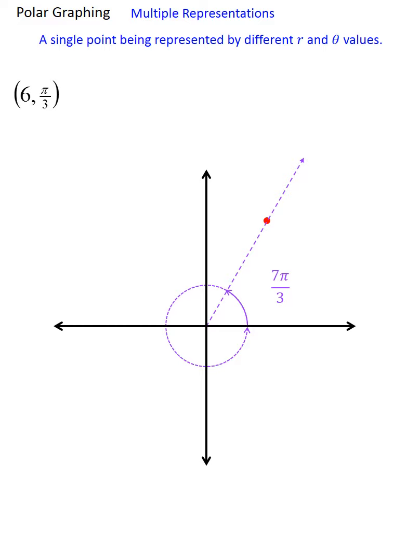And to use language from previous videos, 7 pi over 3 is coterminal with pi over 3. This distance is still 6, and therefore we could refer to this point as (6, 7 pi over 3) as well.